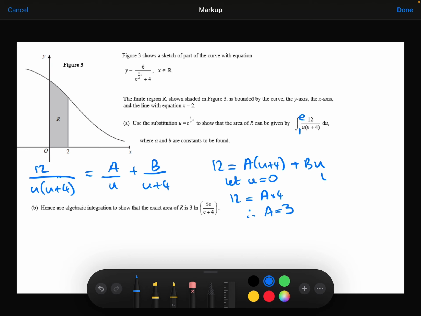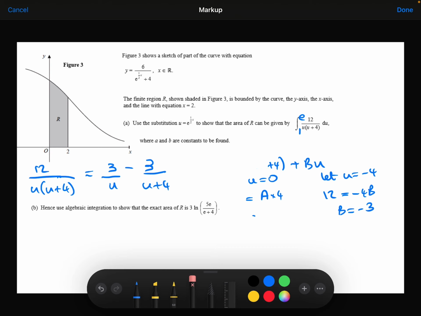Then if I let u equal minus 4, I get 12 is equal to minus 4 times b, so b is minus 3. This is now ready for me to integrate.